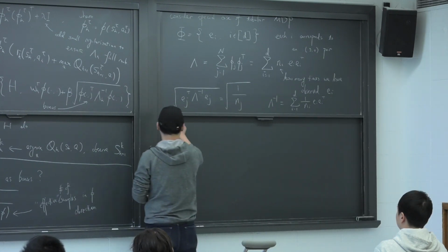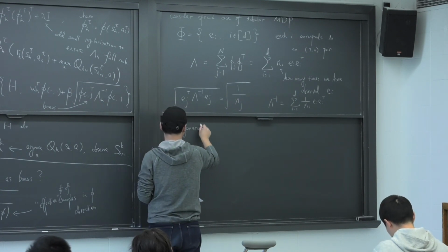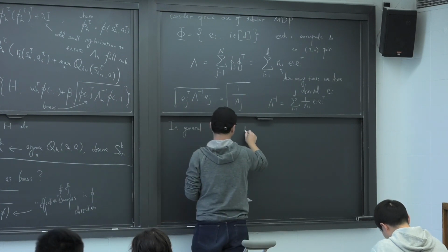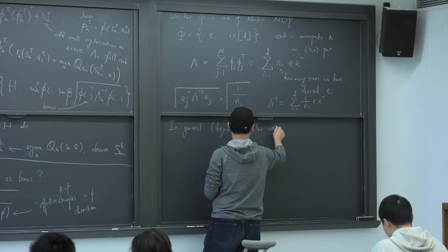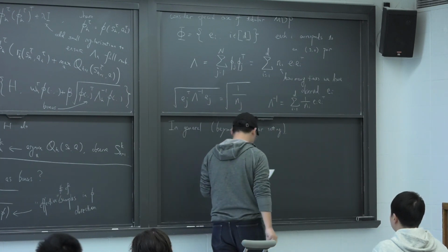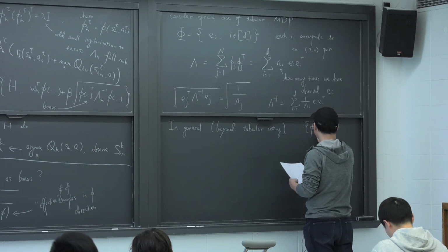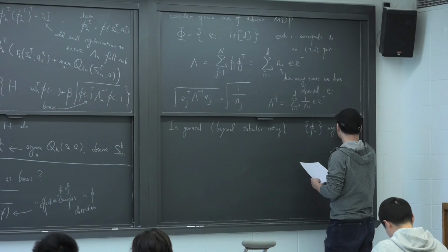But in general, beyond the linear setting, beyond the tabular setting, this phi_i feature vector may not be orthogonal.